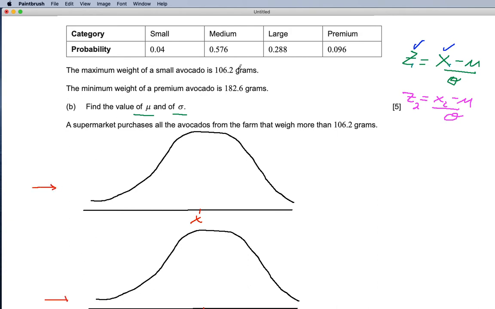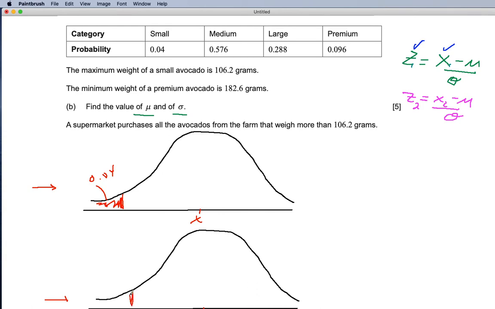So in this case, my x values are the weight of an avocado. And here they tell us that the maximum weight of a small avocado is 106.2 grams. So it's the maximum weight of a small. And according to this, a small takes up 0.04.